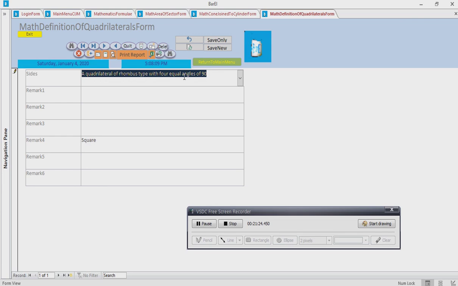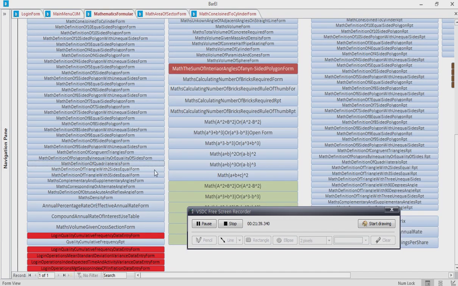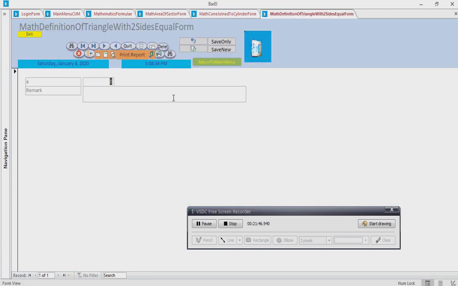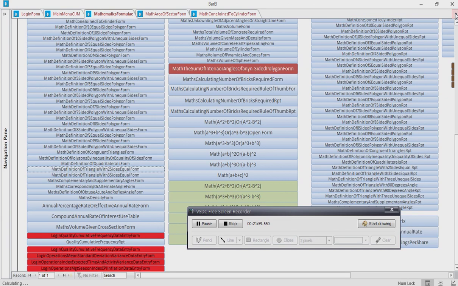A rhombus with four equal sides and angles of 90 degrees is a square. A triangle with two equal sides is an isosceles triangle.